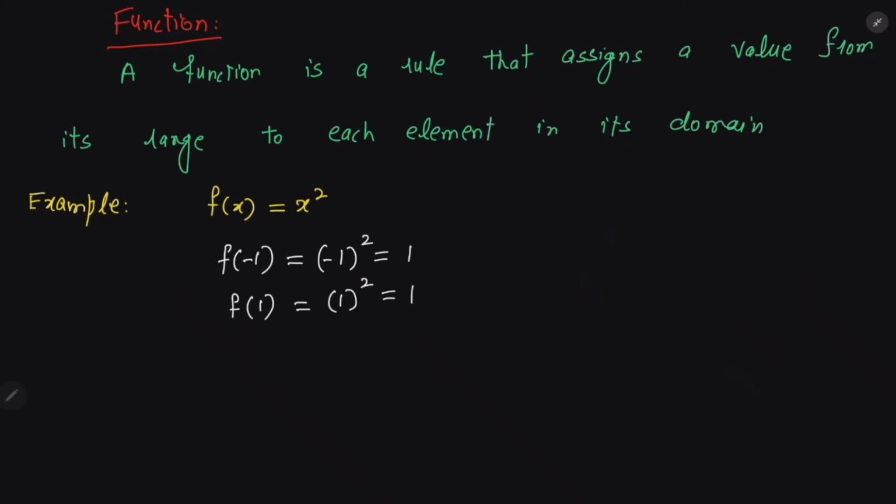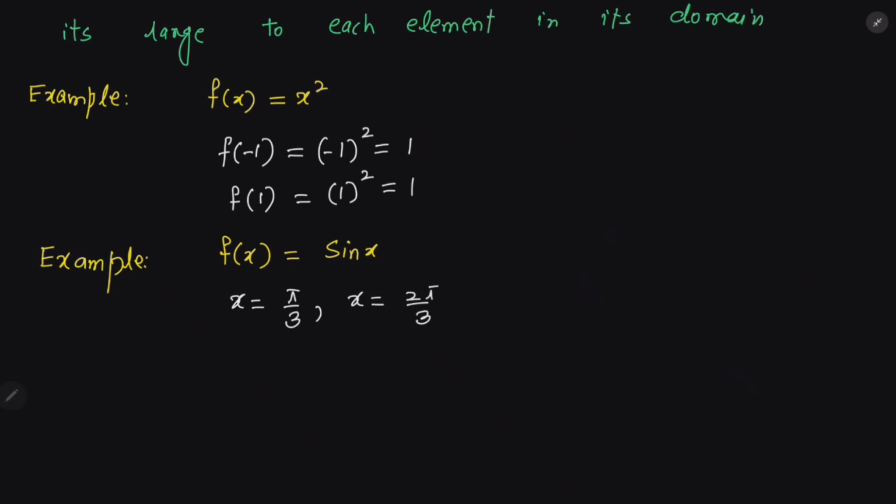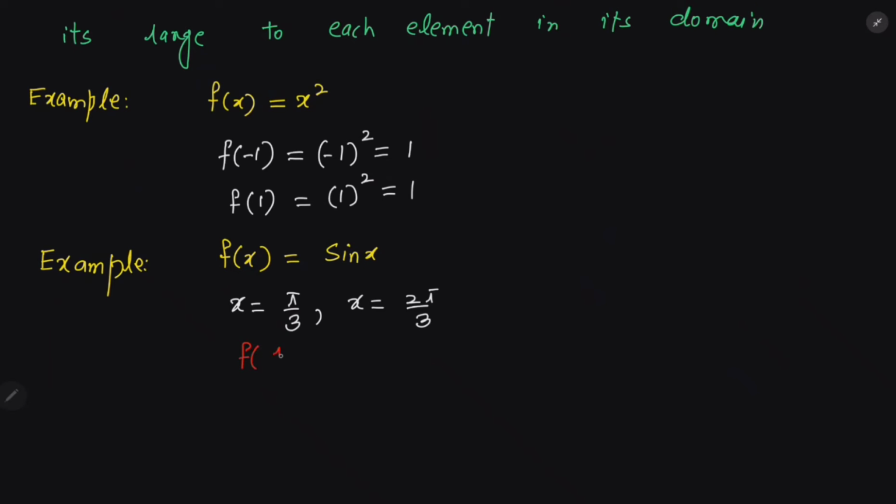Now take a look at another example. f of x is equal to sine of x. Now suppose we have x is equal to pi by 3, and then we also have x is equal to 2 pi by 3. Now the value of this function, which is sinusoidal function, we have f of pi by 3 and f of 2 pi by 3.